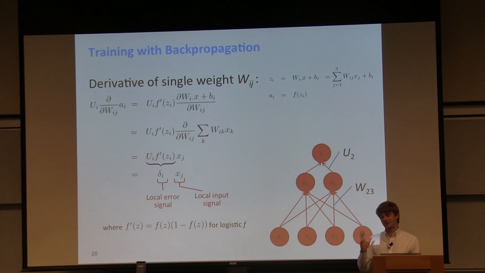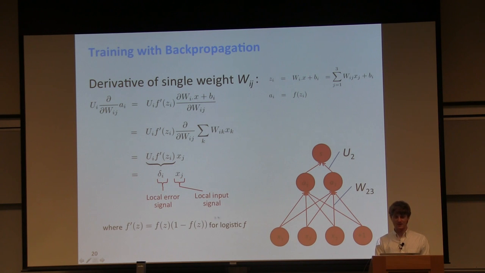Some people confusingly call it the error message, but the best terminology is local error signal. We'll define delta i as the simple product of ui times f prime of zi. And xj is just our element of the word vector, which we'll call our local input signal.